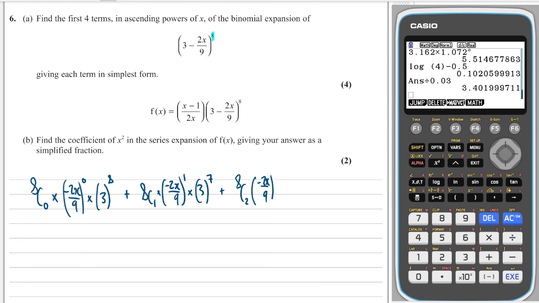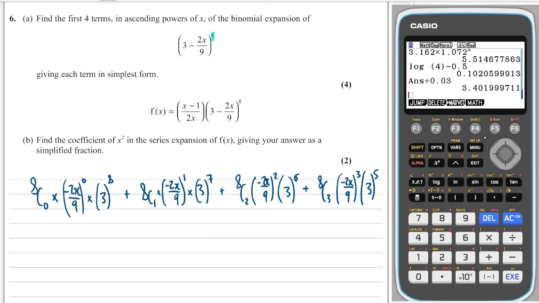Minus 2x over 9 to the power 2, multiplied by 3 to the power 6. And it wants the first 4 terms, so we've got to do one more. Minus 2x over 9 to the power 3, and then 3 to the power 5. Okay.